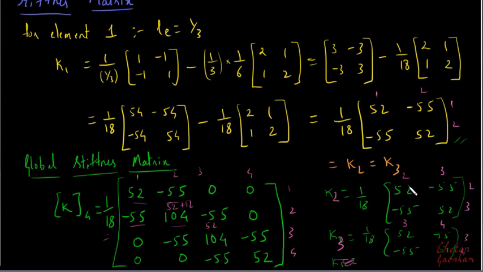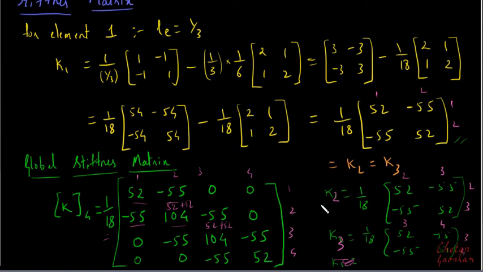So this 52 and this 52, that is 2 comma 2 of K1 and 2 comma 2 of K2, 52 plus 52 will become 104. Similarly here this 52, that is 3 comma 3 of the second matrix and 3 comma 3 of the third element, 52 plus 52 will again become 104. And the minus 55 I have written as it is, and this 52 again I have written as it is.